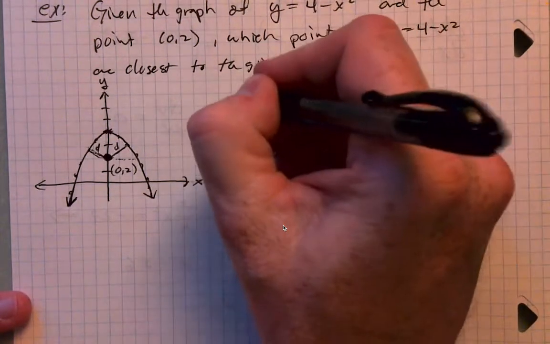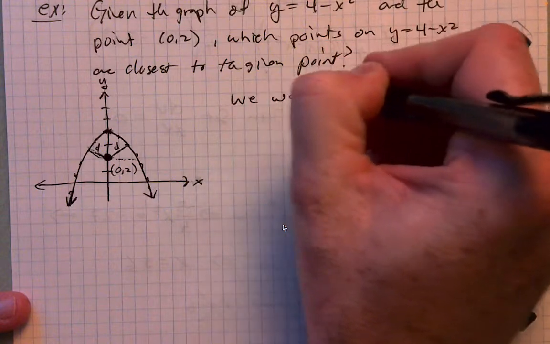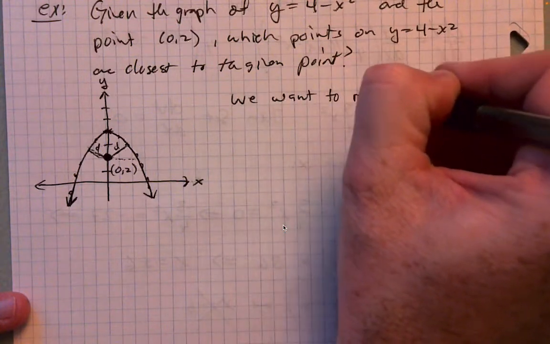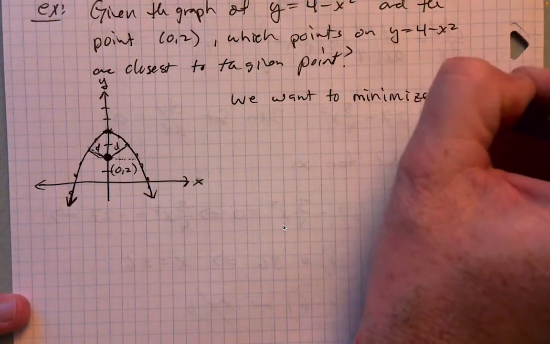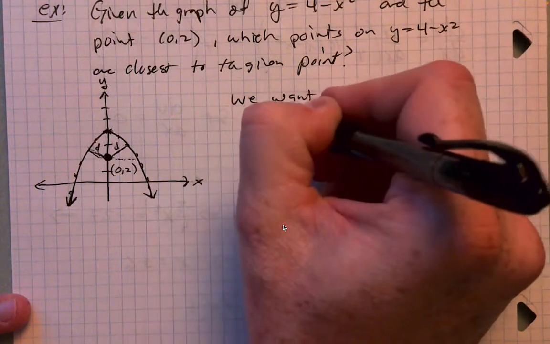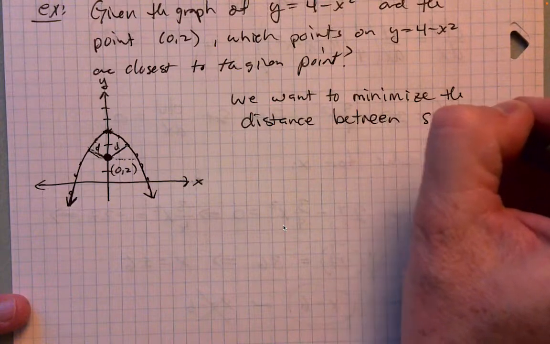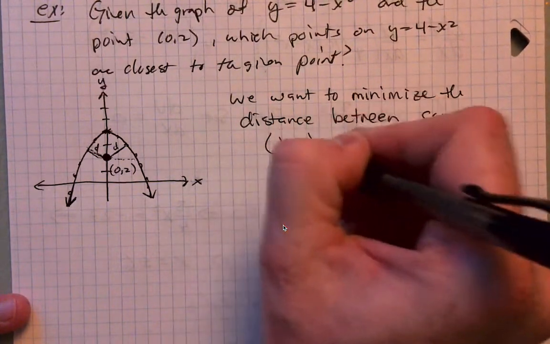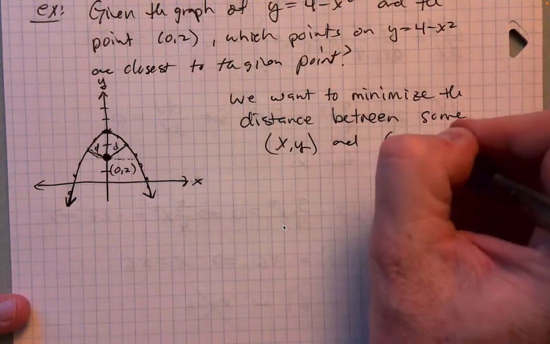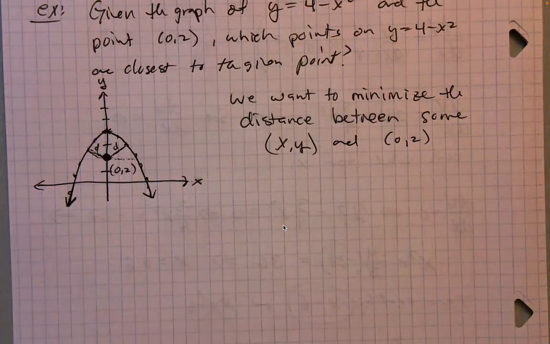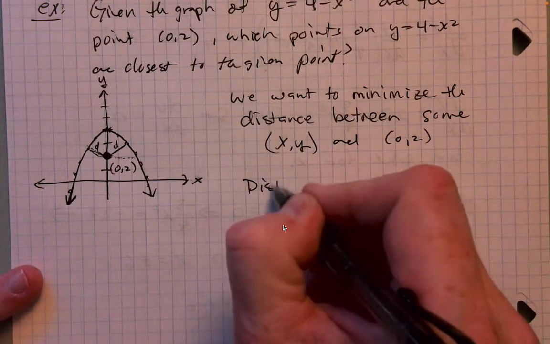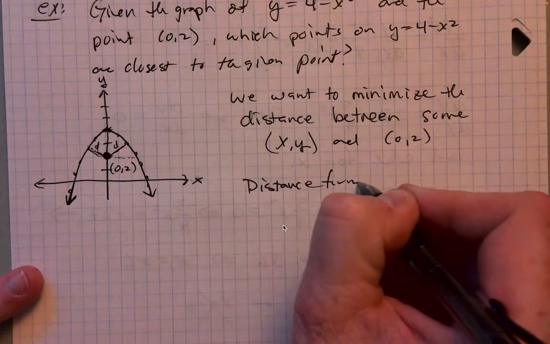Okay, so we want to minimize the distance between some x, y and 0, 2. You've got x, y and 0, 2 is given. x and y are not fixed. We want to minimize the distance. So you may recall the distance formula.